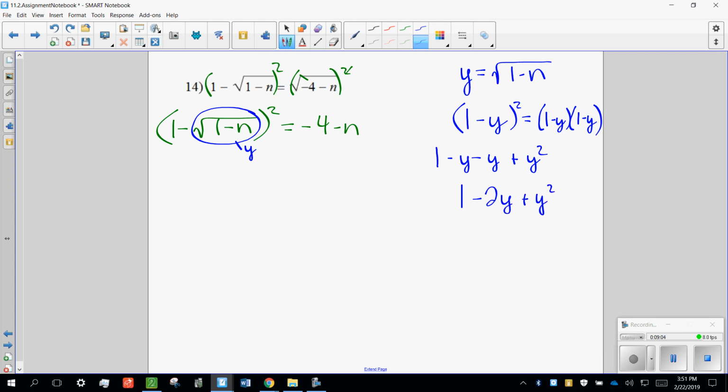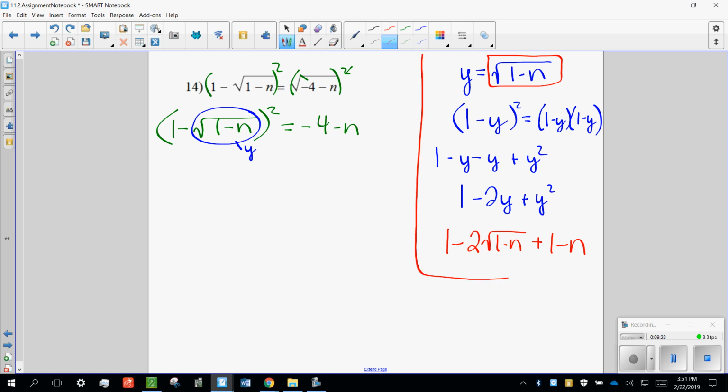Now that we've multiplied this out, let's resubstitute the square root of 1 minus n back in for y. That's 1 minus 2 times the square root of 1 minus n plus, well, if we square the square root, that square root sign is going to go away. We're going to be left with 1 minus n. So if you like this process, I'd encourage you to do it.